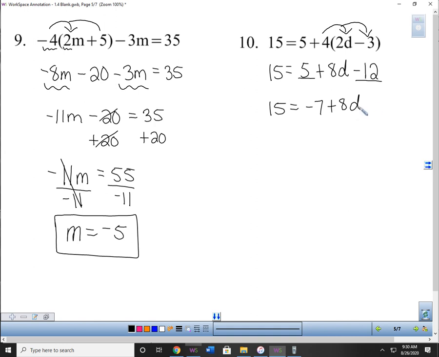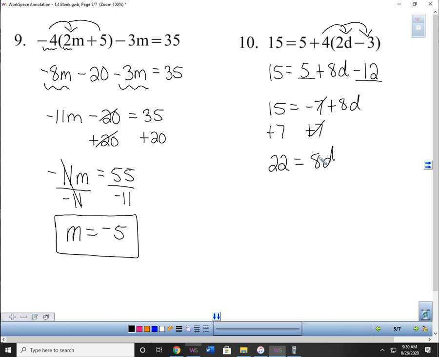So I'm multiplying this d by 8, and I am adding a -7 to this 8d. So I'm going to take care of that first by adding 7. So my 7's over here cancel. 15 plus 7 is 22. And then I still have my 8d. All right.